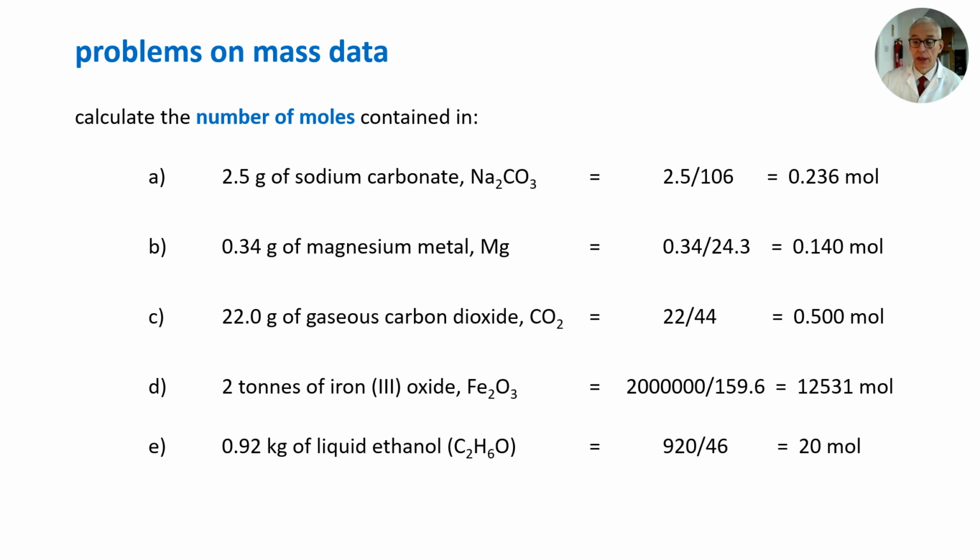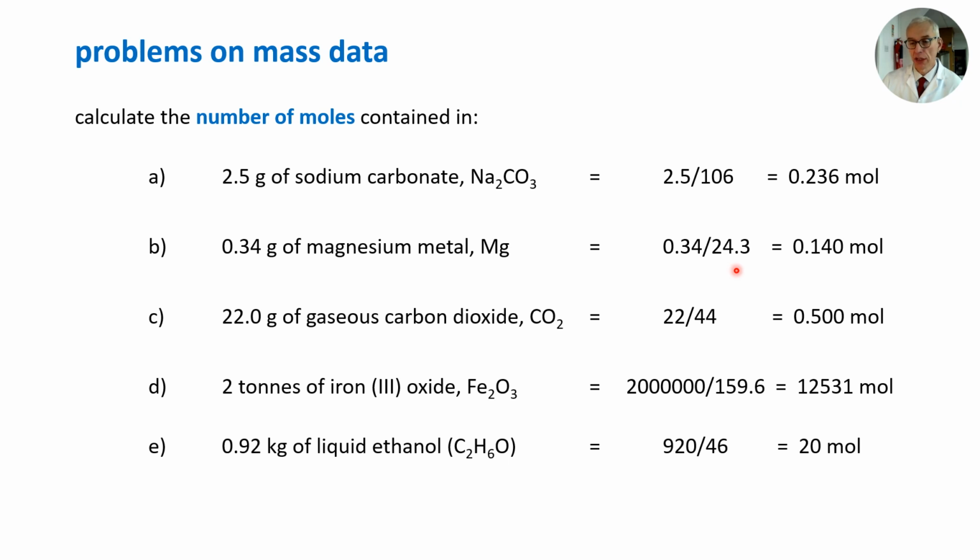So here we have, very simple, 2.5 grams of sodium carbonate. So the numbers of moles is the mass divided by the molar mass, 2.5 divided by 106. A point to make on B, the numbers of moles of magnesium will be 0.34 grams divided by the relative atomic mass of magnesium.